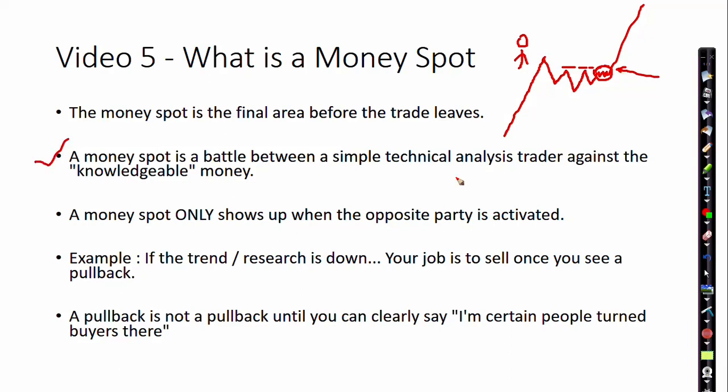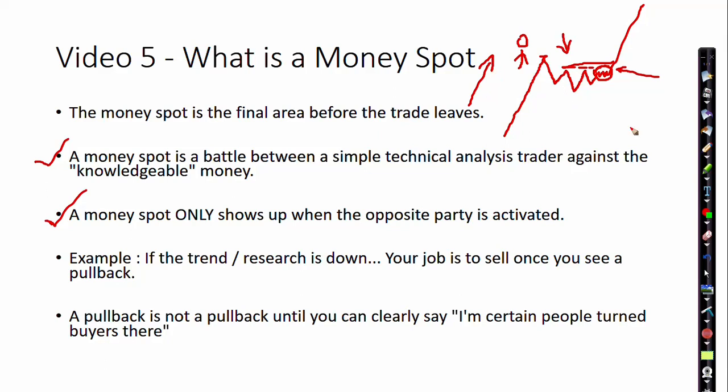A money spot is a battle between the simple technical analysis trader and the knowledgeable trader. Knowledgeable trader means the big boys, smart money. A money spot only shows up when the opposite party is activated. Let's say from here retail traders started selling according to their technical analysis. They have seen this is the SNR or something like that, and another indicator is also showing a sell, but actually the big money is headed toward the upside because of a fundamental event.